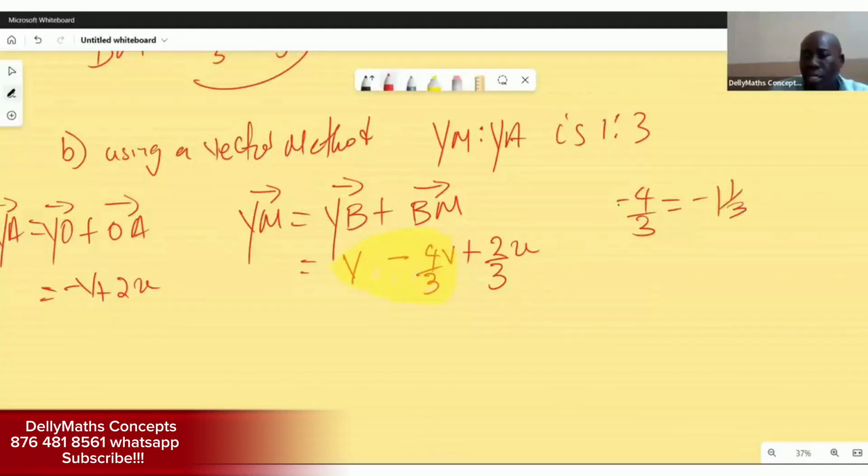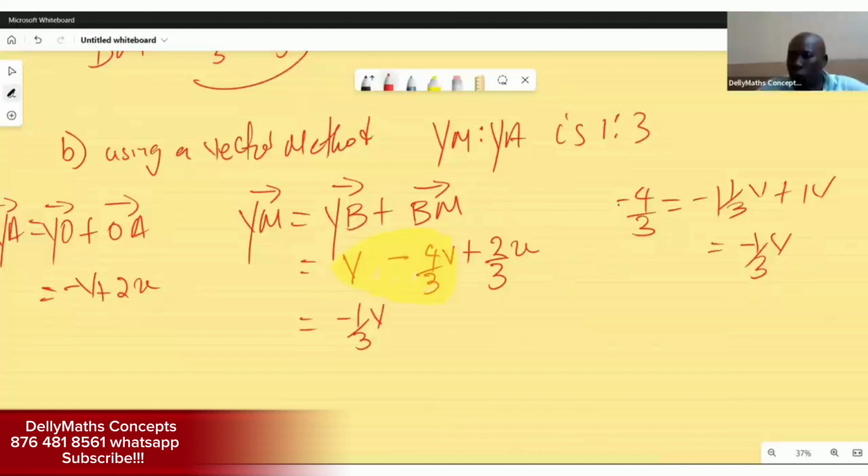So if I have negative 1 1/3 V and a positive 1 V, which is what we just call V, then we will be left with negative 1/3 V, because when the positive 1 and the negative 1 cancel out, we are left with negative 1/3, plus 2/3 U.